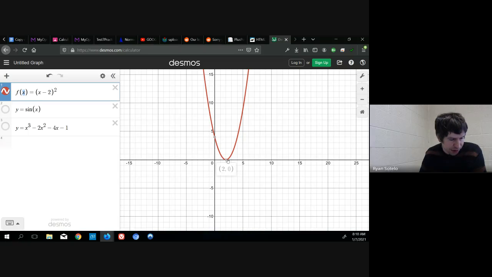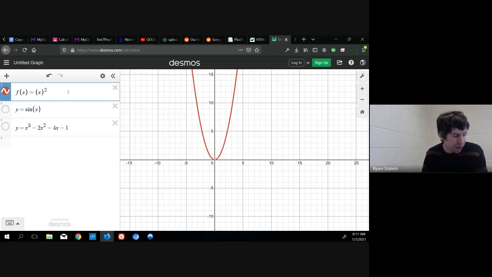So the output is 0. And that's shown as the y coordinate. So the x is the input, the y is the output. So maybe I should use f of x, since I think the homework does. But again, if I add something outside of the function, it's a vertical shift. And if I add something inside of the function, like to the x, it's a horizontal shift.